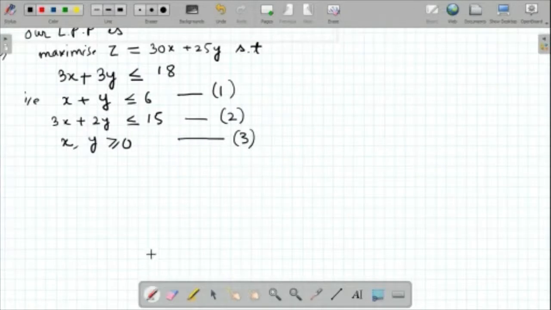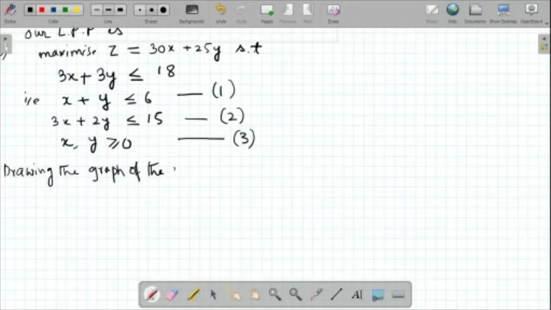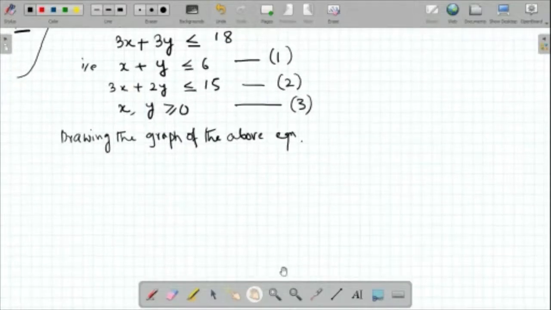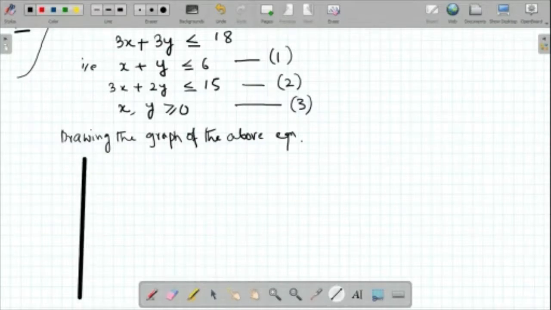Next, drawing the graphs. Drawing the graph of the above equations, what we have to do, let's do this.